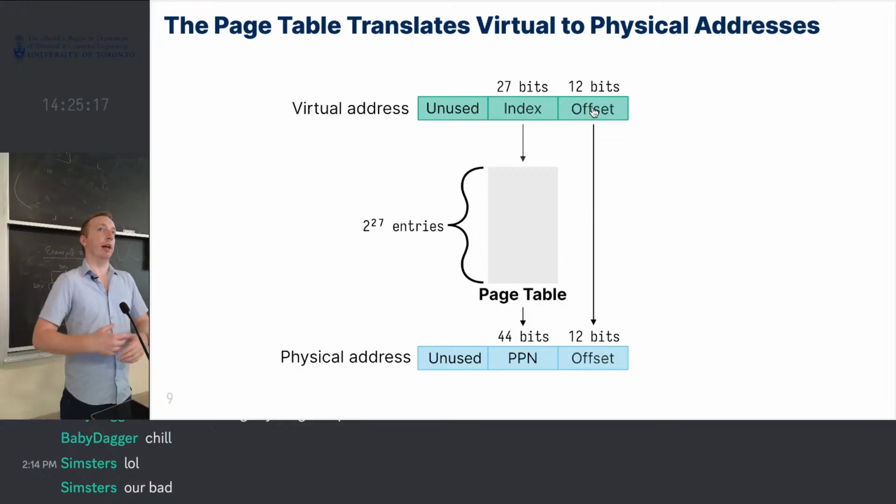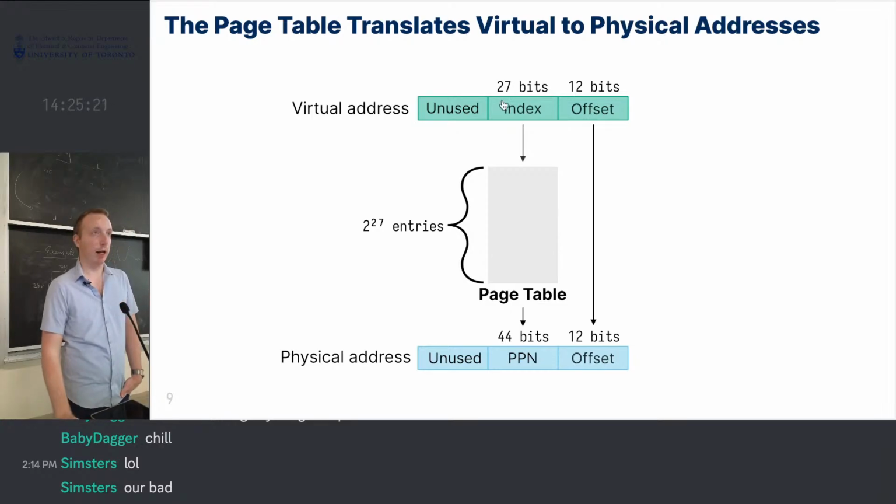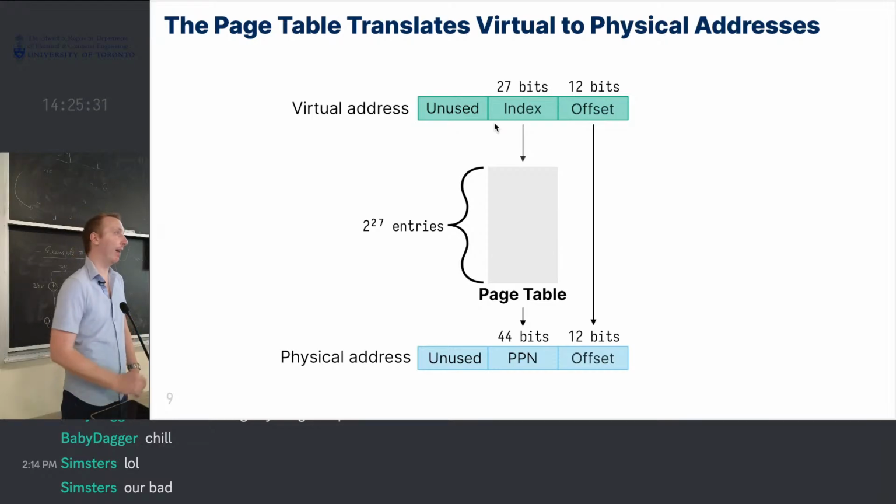So if we need 12 bits to figure out where we are within a page, and we have a 39-bit address, we just do a simple subtraction. It's just 39 minus 12. So we would have 27 bits here acting as an index, being the virtual page number.